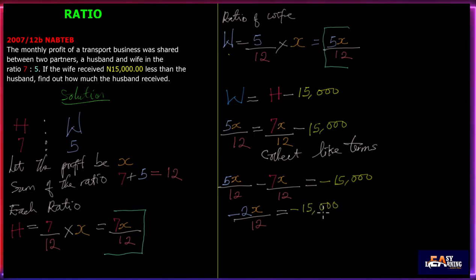So for us to take away the fraction, we are going to cross multiply. This can just be the same as saying all over 1. So we're going to cross multiply.